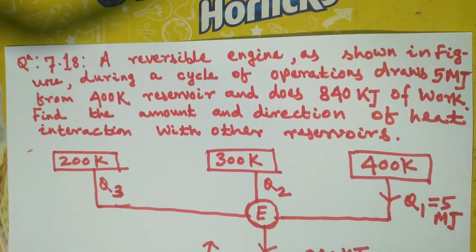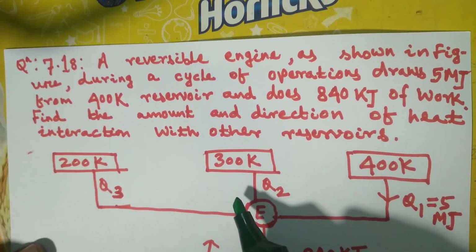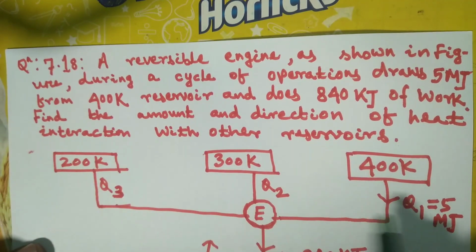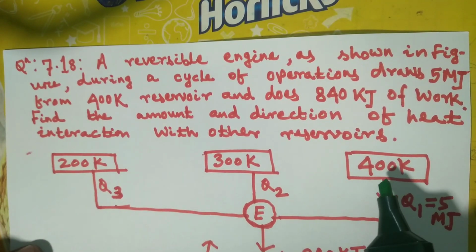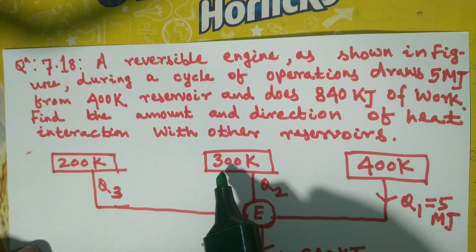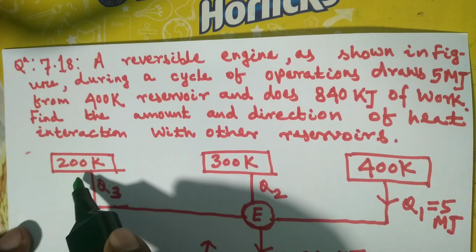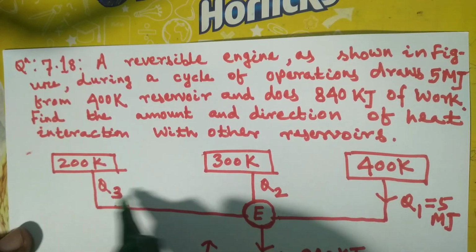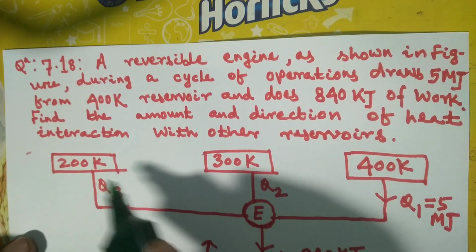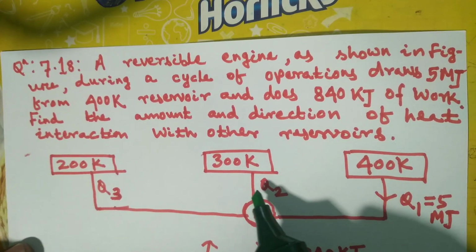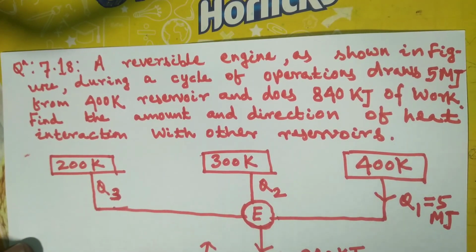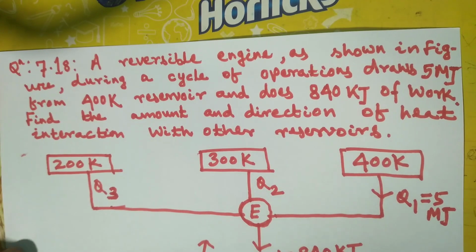Find the amount and direction of heat interaction with the other reservoirs. In fact, there are 3 reservoirs. One is at temperature 400 Kelvin, the second one is at 300 Kelvin and another is at 200 Kelvin. Q2 and Q3 are the heat interactions with these 2 reservoirs, but we have to find both magnitude and direction, and obviously this is a reversible engine.